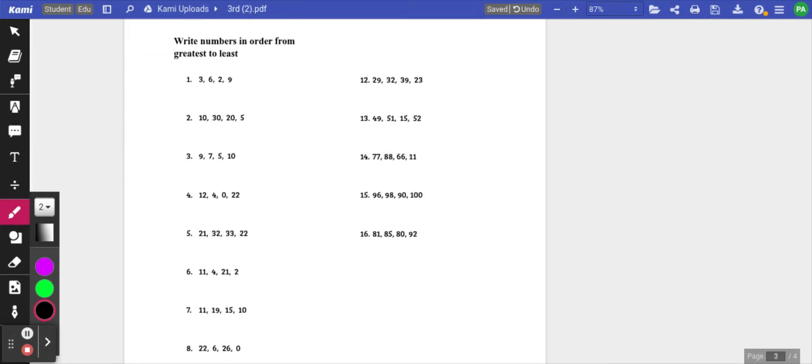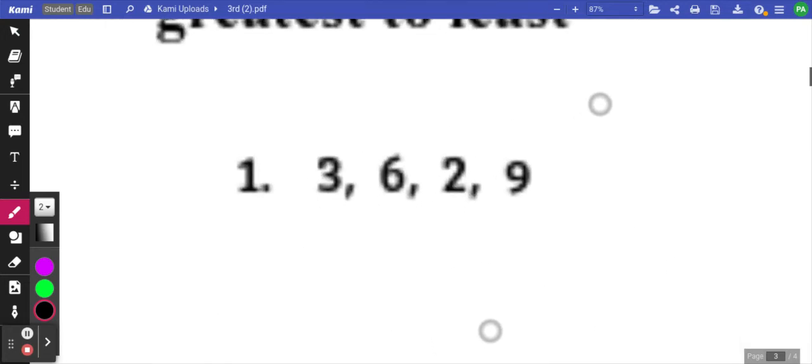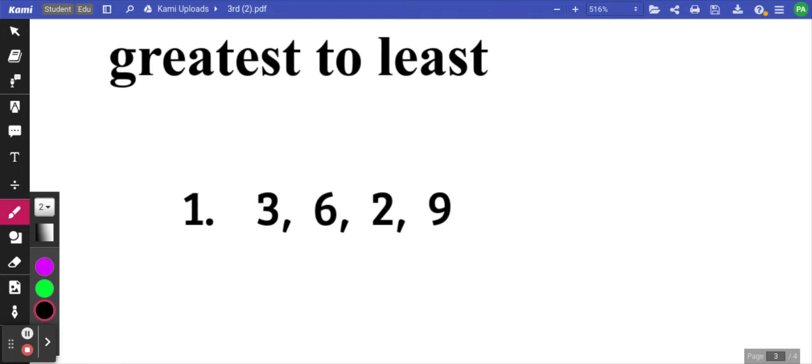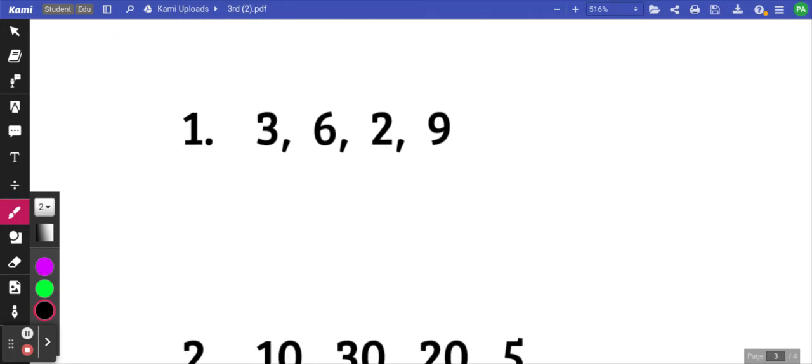Now, write the numbers in order from greatest to least. Okay, so we know our numbers. It should be fairly simple. Let's try number 1. So 3, 6, 2, 9. Now these are very mixed up, but we should be able to figure it out either way. So it's greatest to least. What's the greatest number here? Obviously 9, so we're going to put a little 1.